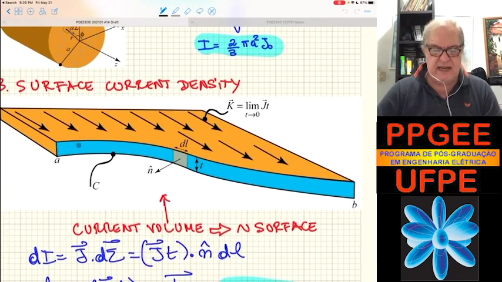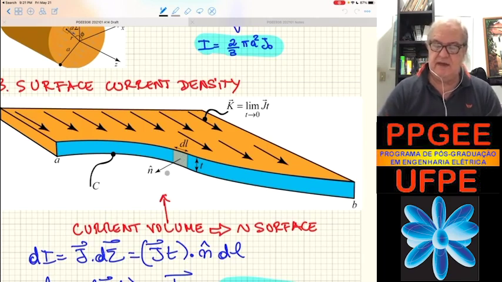So if you look at the cross section, which is drawn here in blue, you have the normal to the cross section. So the area is dl times T times the normal, the d sigma, right? So the d sigma here is simply T, which is constant, dl times n.